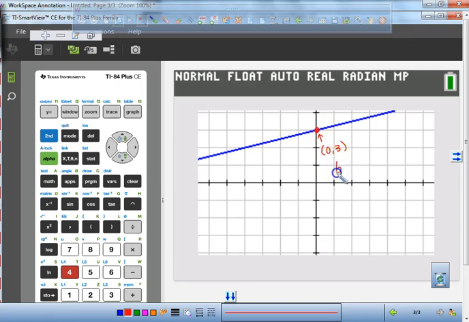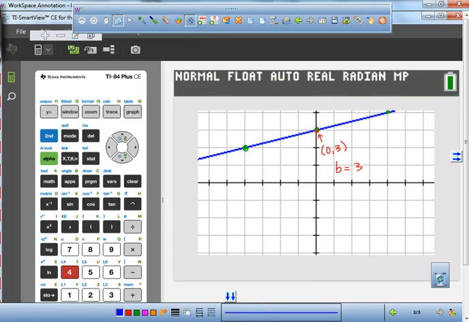What did we say the b value was equal to? 3. Now, what was the slope equal to? You remember? 1/4. How do you interpret slope? Rise over run.